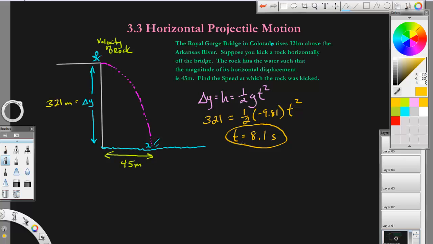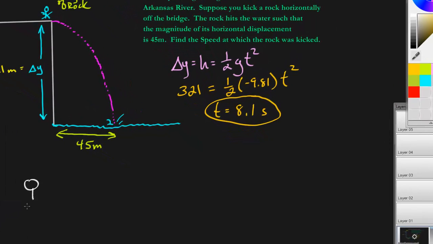But now, this is just the time. We need to figure out, and this is the important part, the speed at which it takes something to go 45 meters in 8.1 seconds. So let's think about the guy standing here for just a second. He's on some flat ground, let's say on the road, and he kicks a rock and it goes out like that. How far would it go?